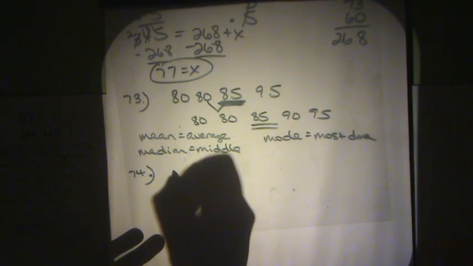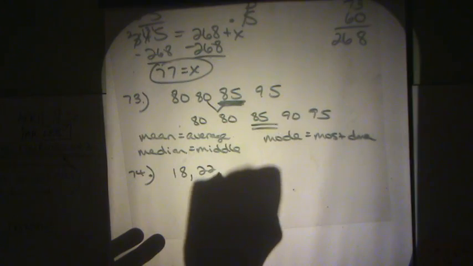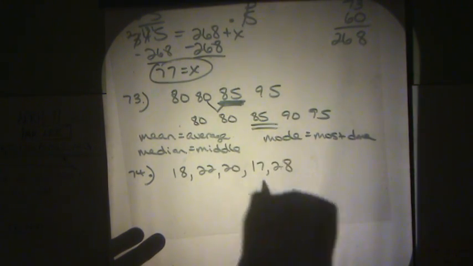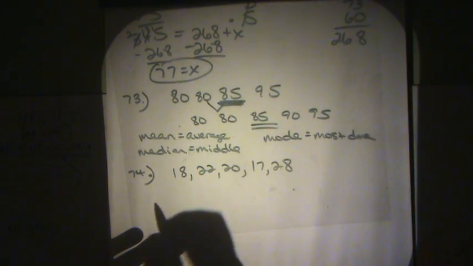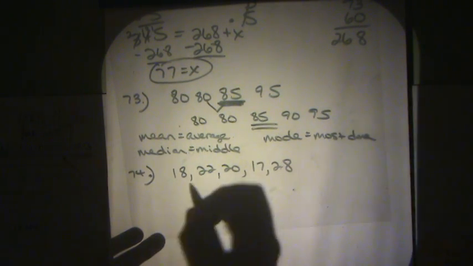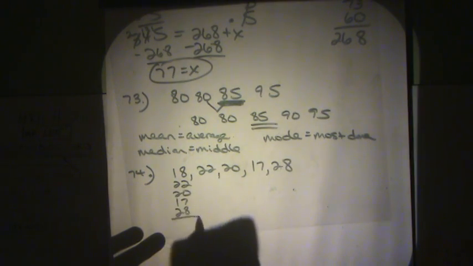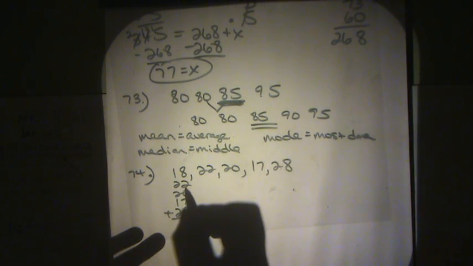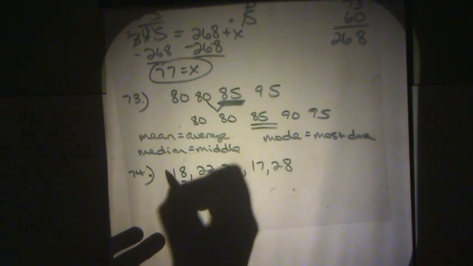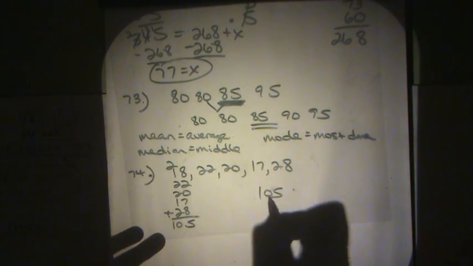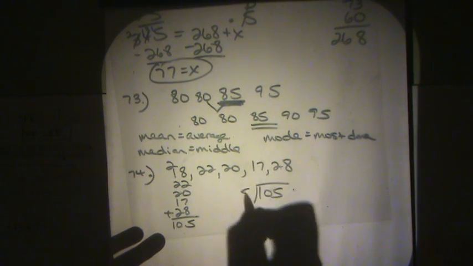All right, if 21 is added, how is the mean affected? Remember, the mean is the average. So first I'm just going to add those all together and see what it is now. 10, 15 is 25, 2, 3, 4, 5, 6, 7, 8, 9, 10. 1, 2, 3, 4, 5.